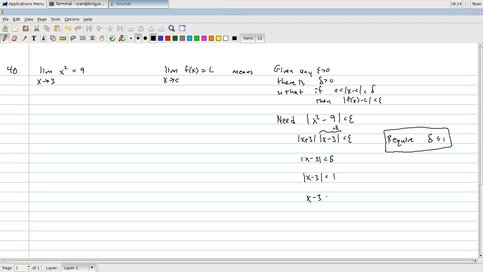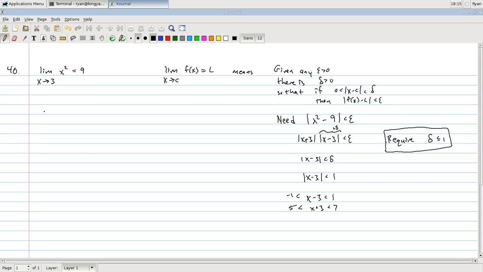So x minus 3 is between 1 and negative 1. And now I want to say something about x plus 3, about this other factor. So we can add 6 to all three sides of the inequality, and this gives us 5 is less than x plus 3 is less than 7. So we know now something about x plus 3.